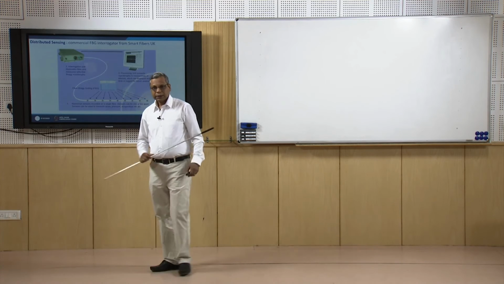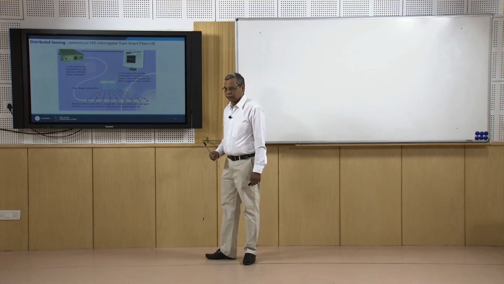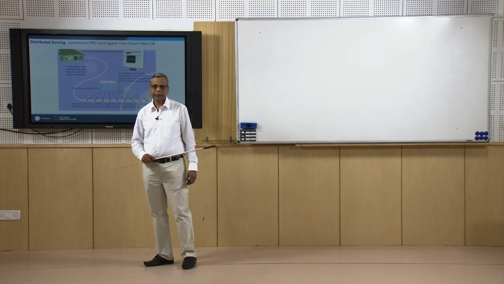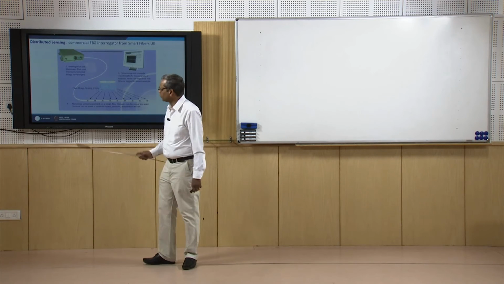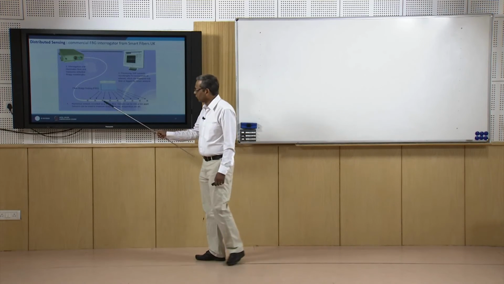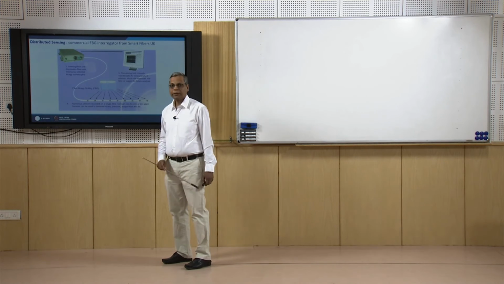So, if there is, let us say, 1 kilometer long flyover, and if you want to sense the strain at different points, let us say 100 meters apart, you can put several gratings, every 100 meter you can put one grating, and each of these gratings will have different Bragg wavelength.